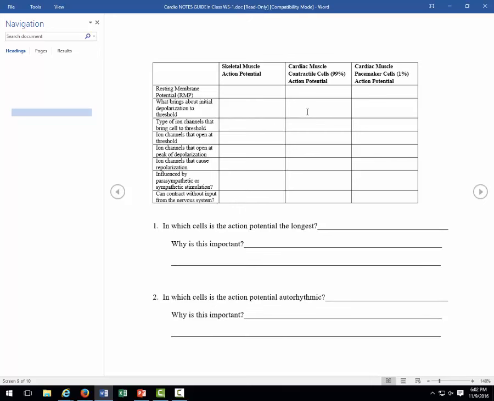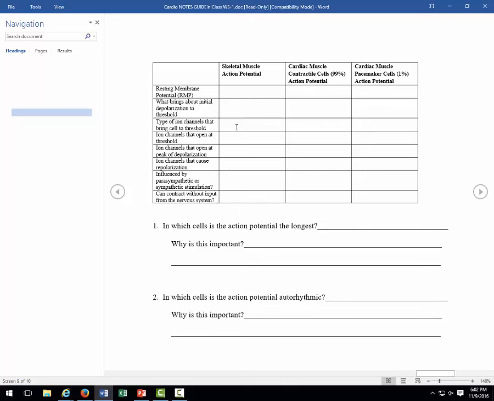Stimulus from a nearby pacemaker cell. So action potential has to be generated by a nearby pacemaker cell. And then lastly, pacemaker cells. It can do it on its own. There is no stimulus.